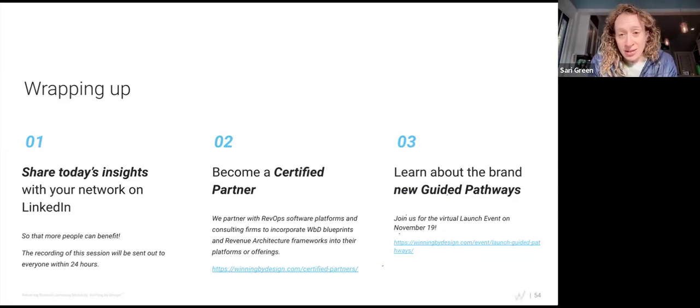It's another option that you can use to self-serve a little bit using all of our content and frameworks. So that's Guided Pathways. We're launching that on November 19th. So please join us for that if you want to learn more, if that sounds like something that will apply to you. So those are the 3 options of what can I do now.